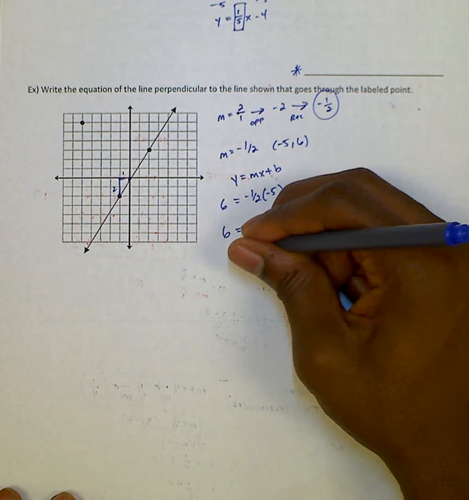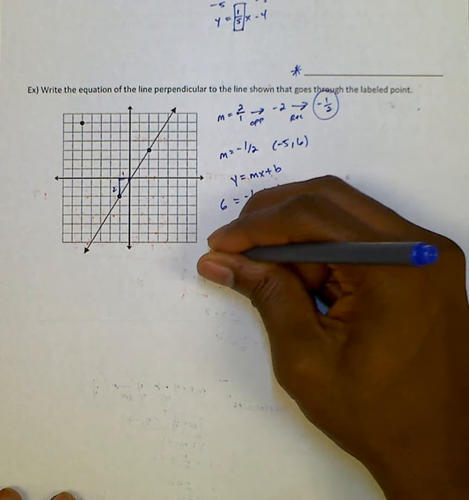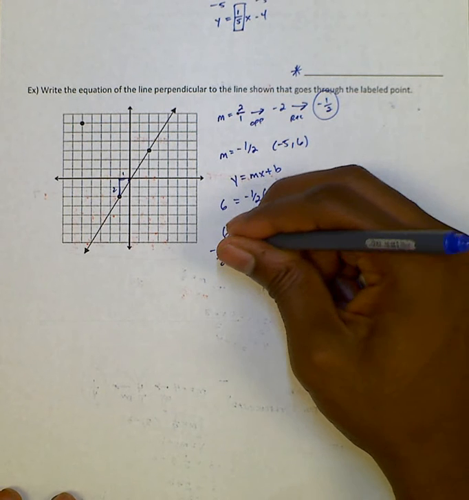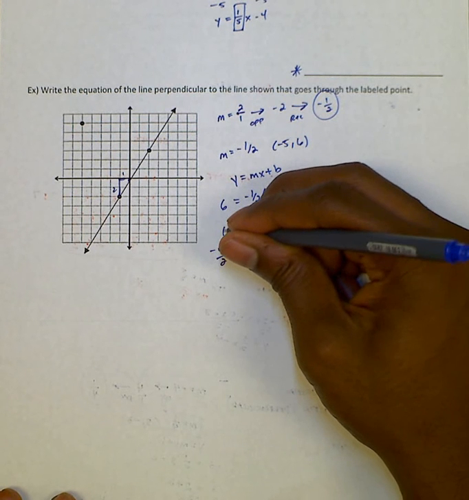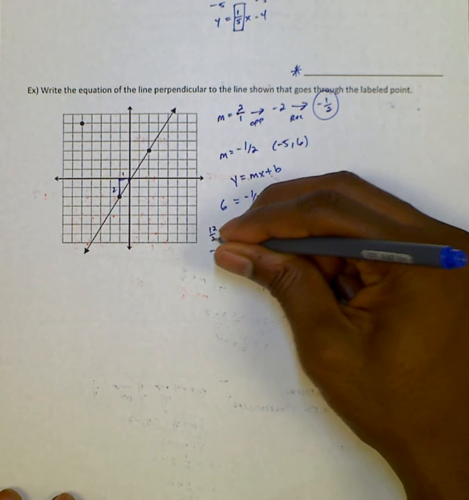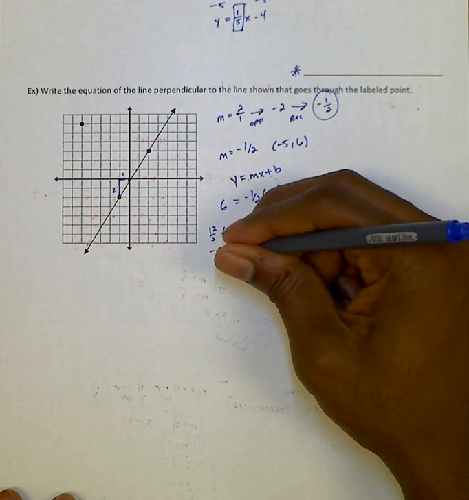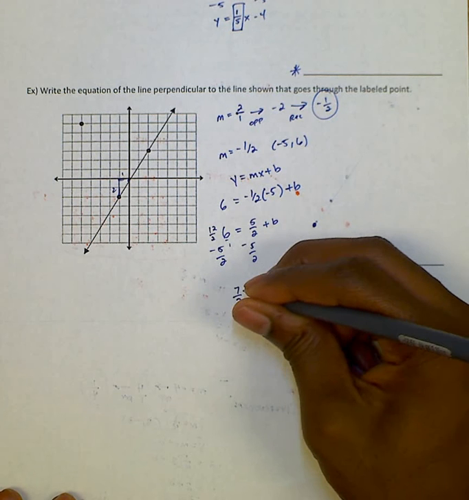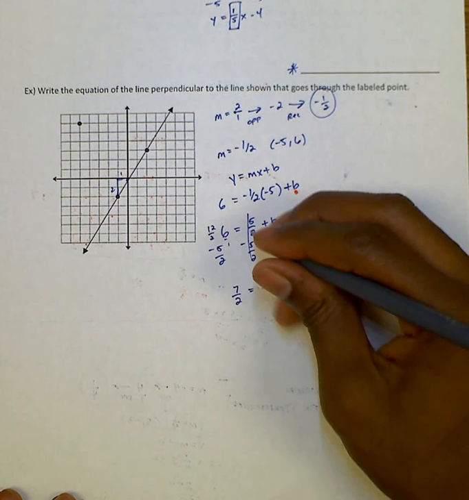Okay, I need to subtract 5/2 from both sides. In order to do that, I want to change 6 into having the same denominator. That'll be 12 over 2. So 12 minus 5 is 7 over 2. Alright, and so that gives me b is 7 over 2.